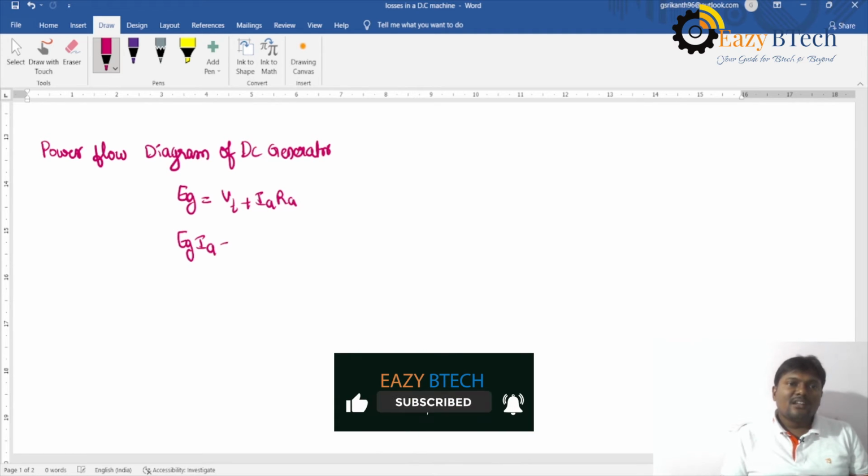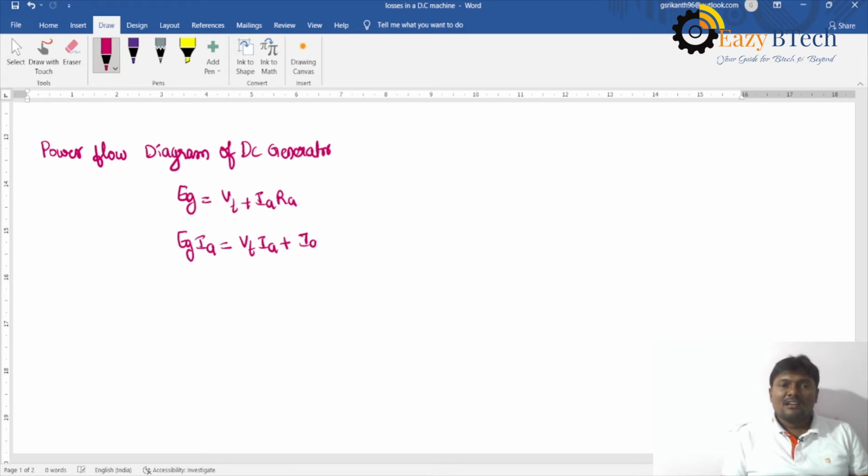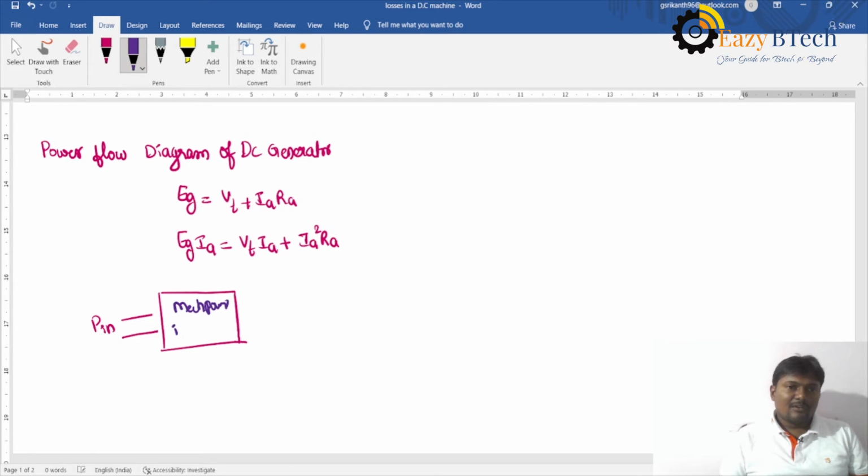Eg into Ia is equal to Vt into Ia plus Ia square times Ra. The input to the generator is mechanical power. So mechanical power input.